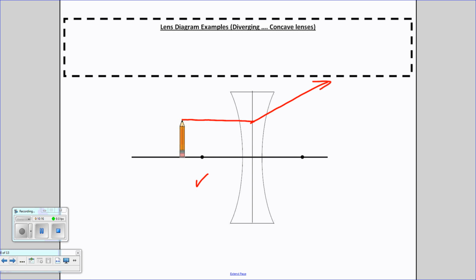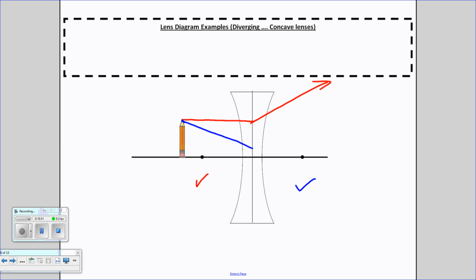Line 2, in through focal. Now, if it was a converging lens, it would go through the focal point there, right? But it's not, so it won't. We already took care of that focal point. That focal point's all used up. He's tired. We're going to use this one. So we're going to go in through the focal, or based on the focal, as if we could hit it, just like we do for convex mirrors.